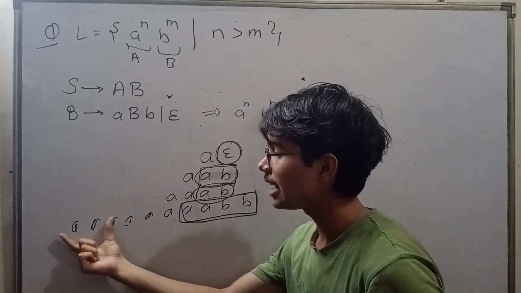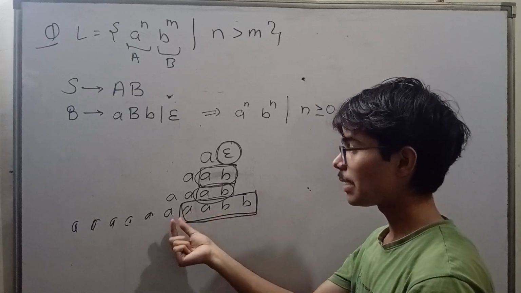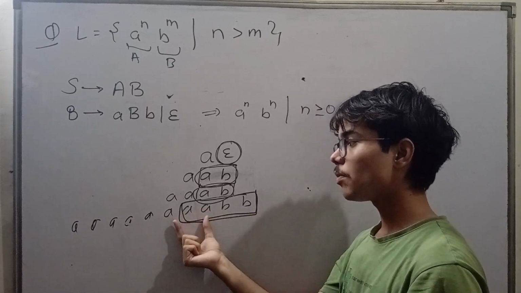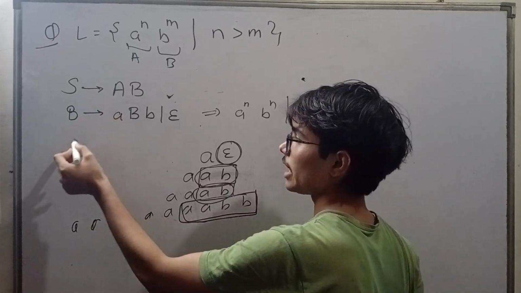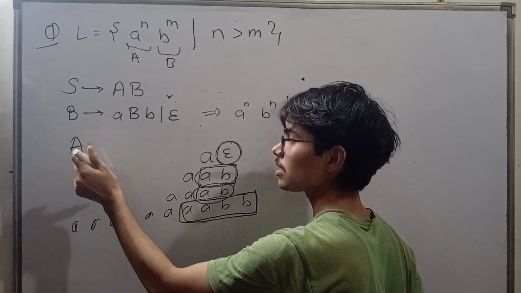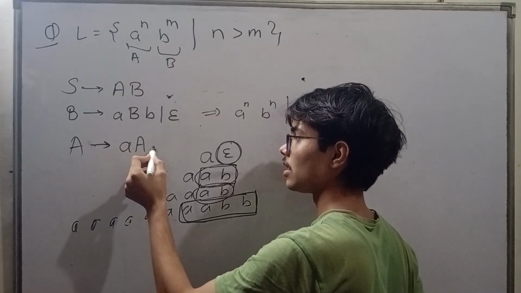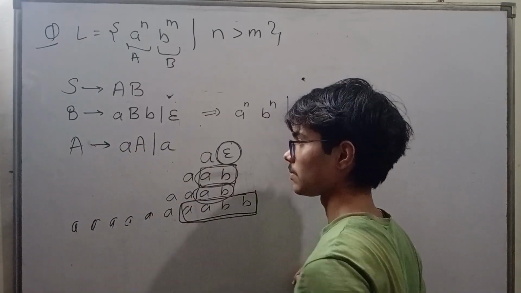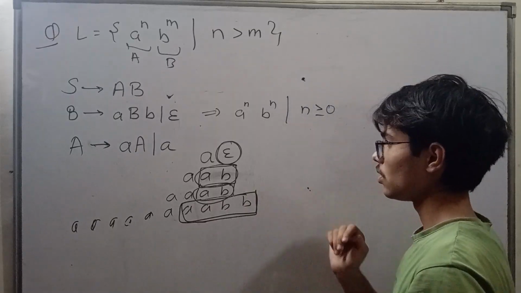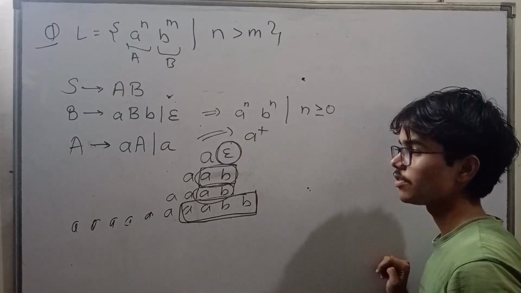But I have to add any number of A here, so that one A must be there, so that the number of A becomes greater. So I have to write A plus, that means I have to generate A plus, any number of it. So this is our A plus.